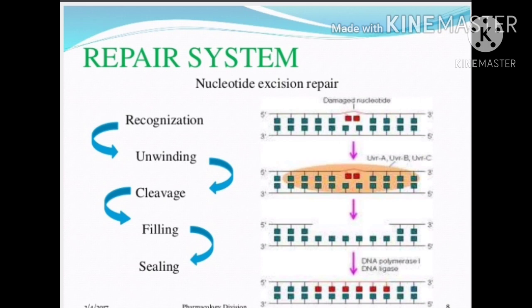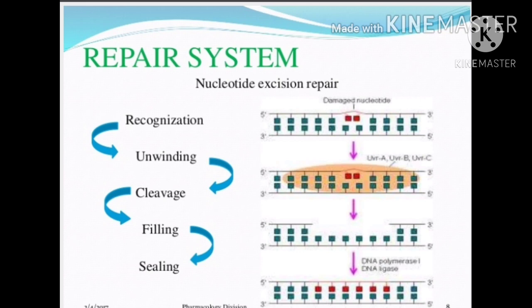From the diagram it is very clear that first the thymine dimer region is recognized, then unwinding of DNA takes place, then cleavage of that thymine dimer portion with a little amount of normal portion, then filling that removed area with new correct sequences. It is known as sealing. In this way the thymine dimer formation becomes rectified. This is a normal repair mechanism.